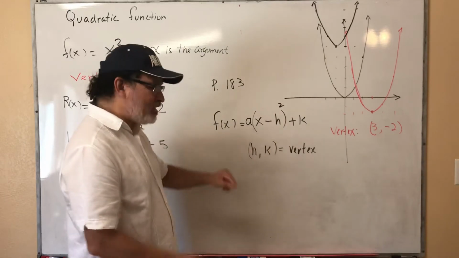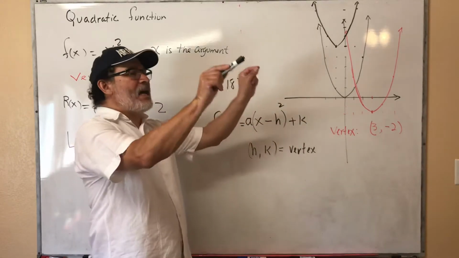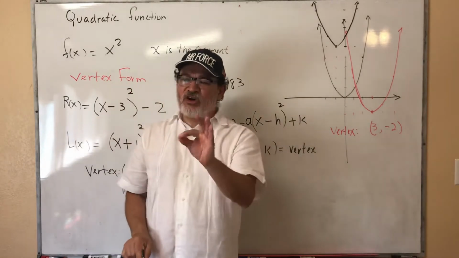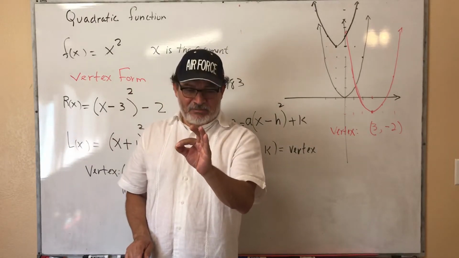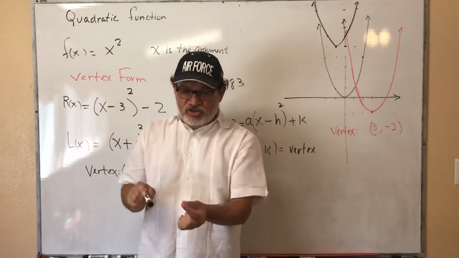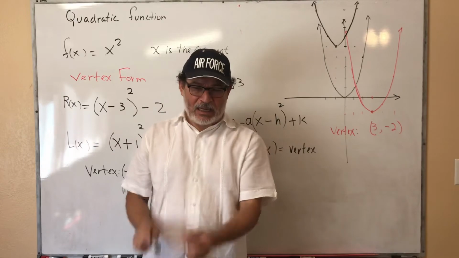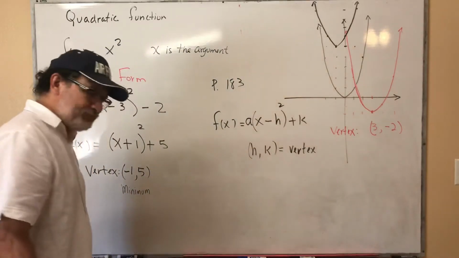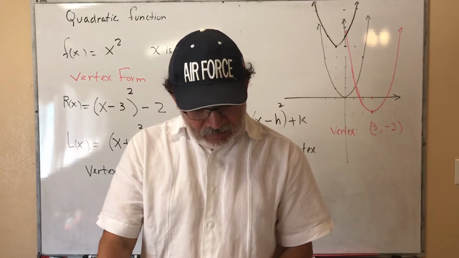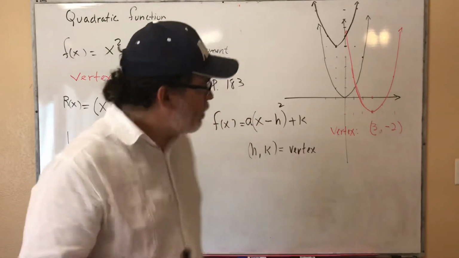If A is positive, it opens up. If the parabola opens down, the vertex is the maximum. If the parabola opens up, the vertex is the minimum. Okay? So very good.